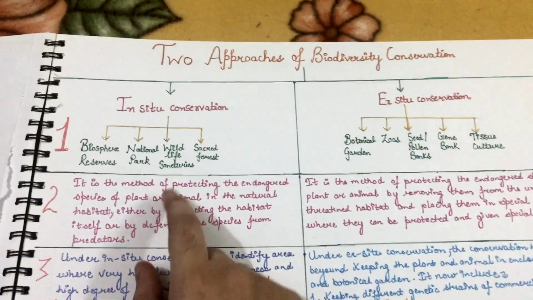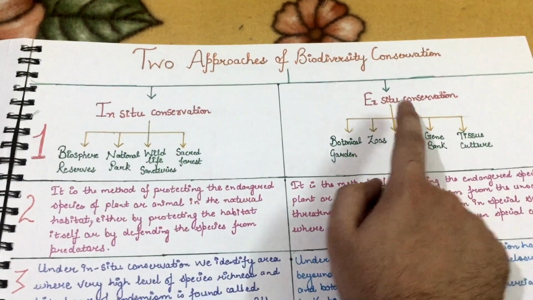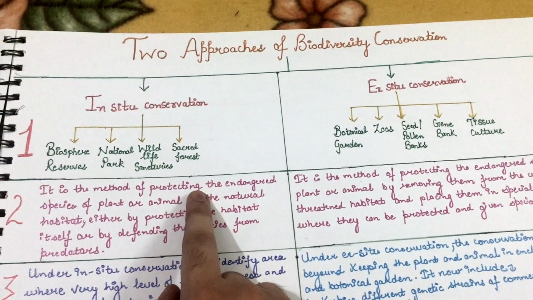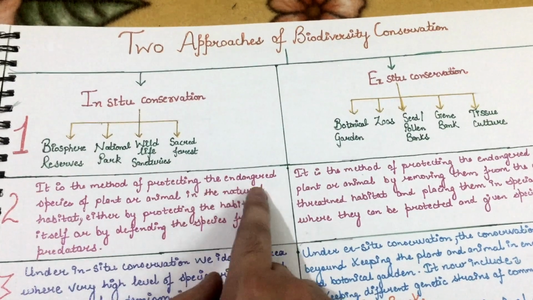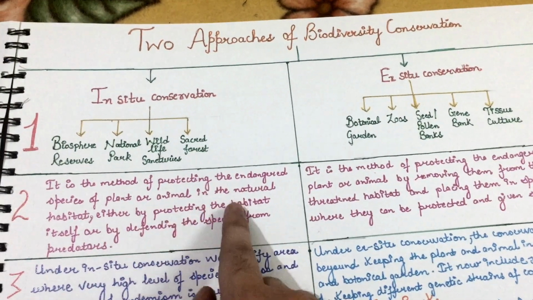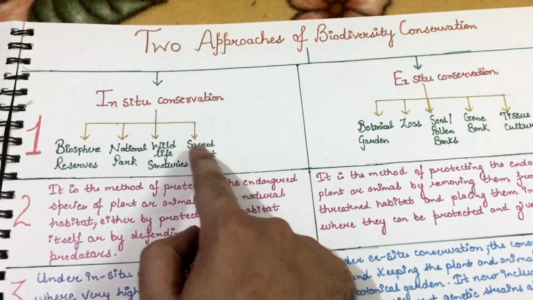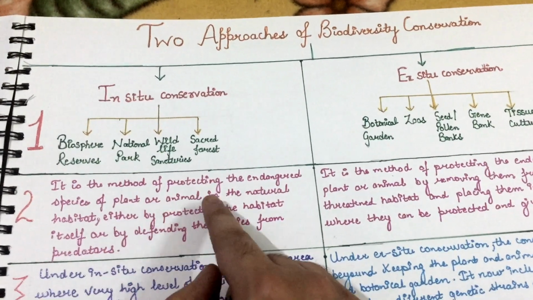So now let us look at the definition of in situ and ex situ conservation. You should remember that in in situ conservation, we protect the endangered species of plants and animals in the natural habitat by protecting the habitat itself. So in in situ conservation, we protect the entire habitat for protecting the plants and animals.